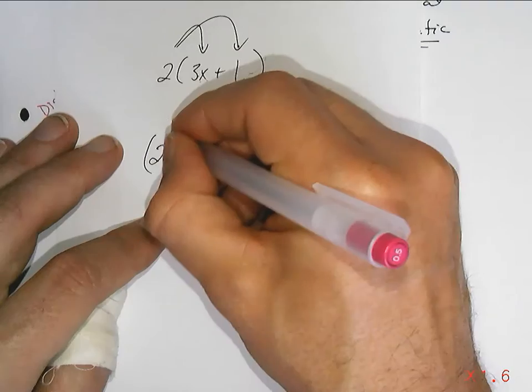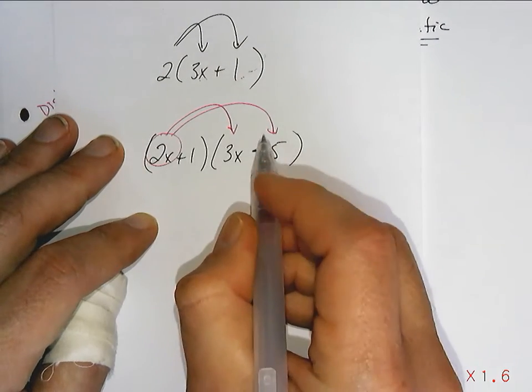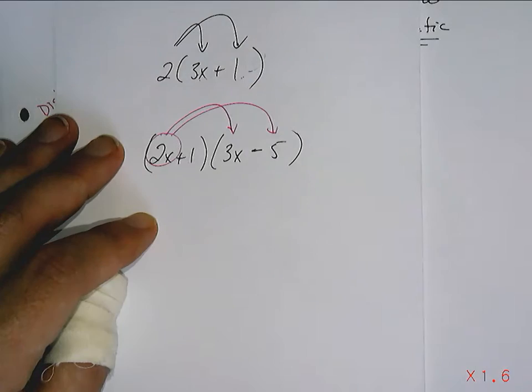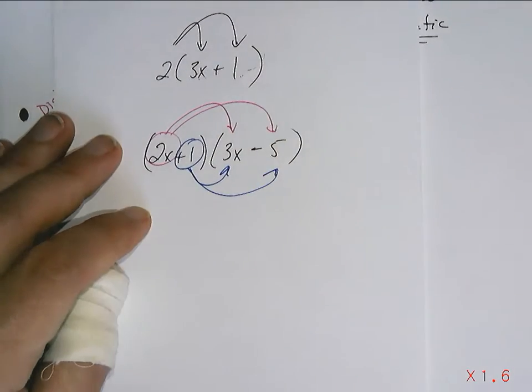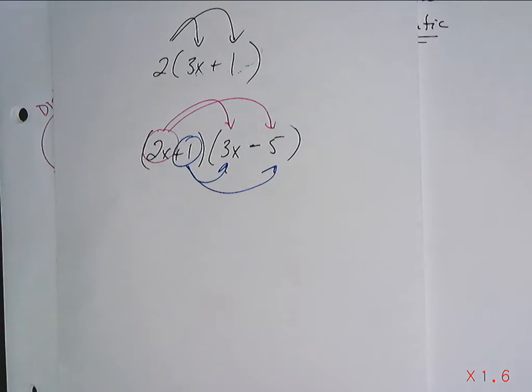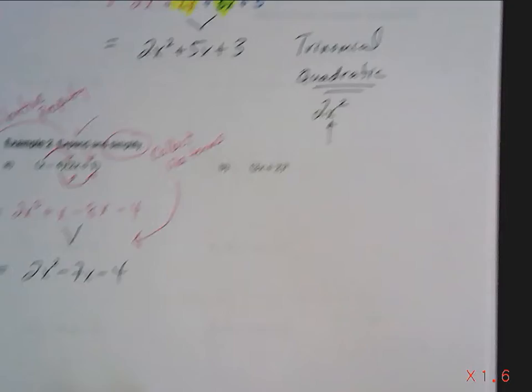Well, in this one, the 2x gets multiplied by each thing in the second bracket. And the plus 1 gets multiplied by everything inside the second bracket. So you've actually been doing this before. You're just doing it with 2 terms now in the binomial in the front.